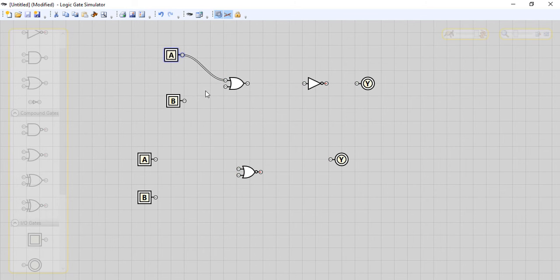Now I will connect all the inputs to their respective gates. Here I have connected the 2 inputs A and B to my OR gate, and the output of the OR gate I will connect to the input of my NOT gate. I have connected it here, and the output of the NOT gate to the final output here. Likewise, I will connect my inputs A and B to my actual NOR gate. Here I have connected.